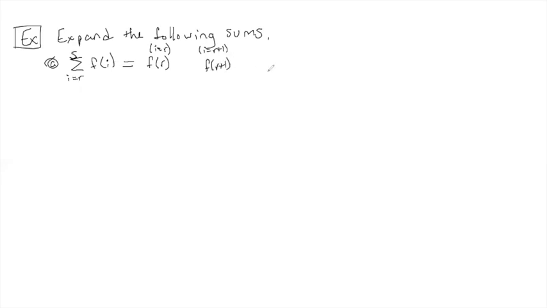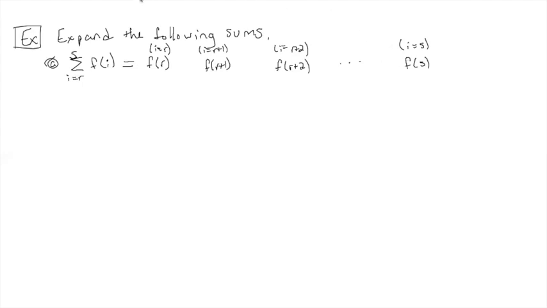Anywhere I see an i, I put an r plus 1. Then I plug in i equals r plus 2, f of r plus 2, dot, dot, dot. And the last one is i equals s, f of s.